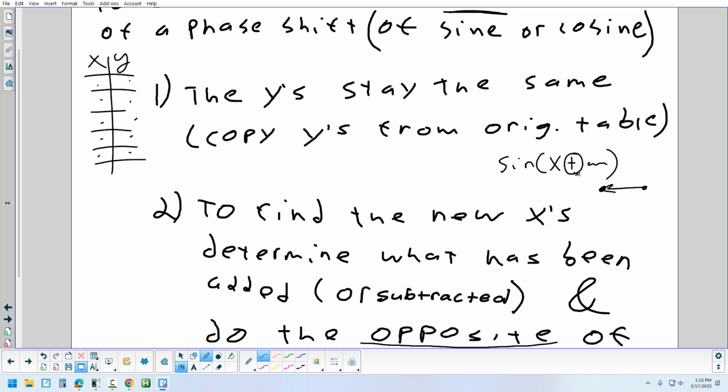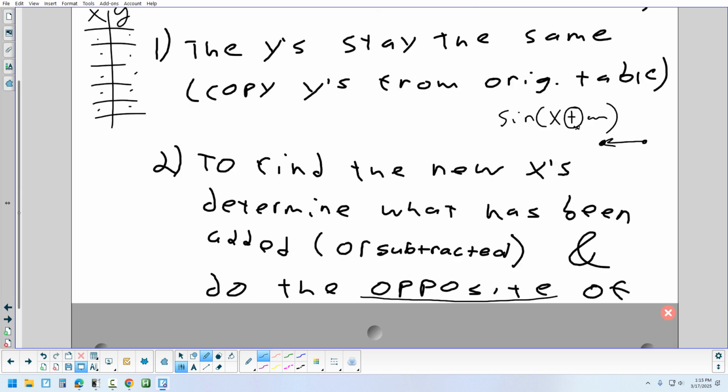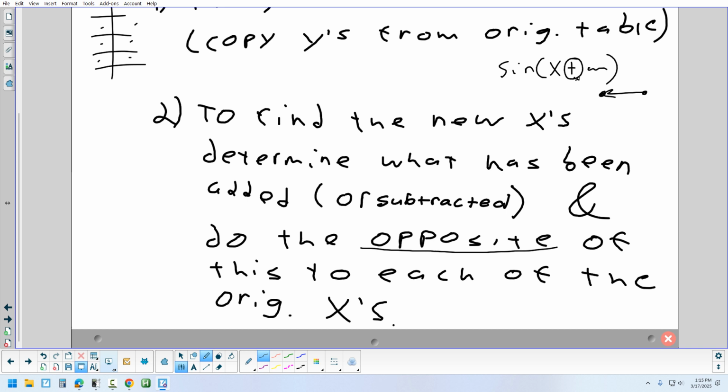So the easy way to remember it is you always do the opposite for a phase shift. And what are you doing the opposite to? All the original x's. That's why if you have those original x's wrong, the 0, the pi over 2, if they're wrong and you do this, well, then all your answers are going to be wrong. Because you based your original tables off something that was wrong.